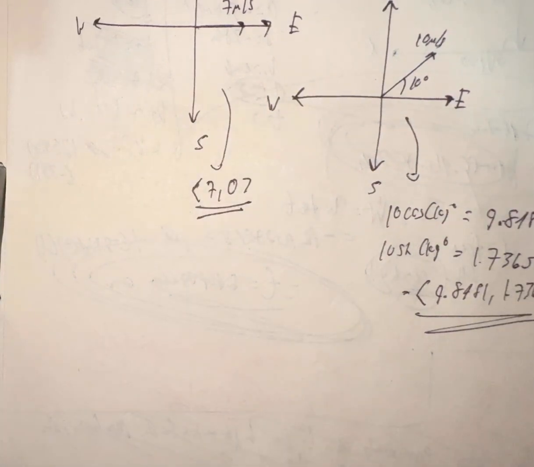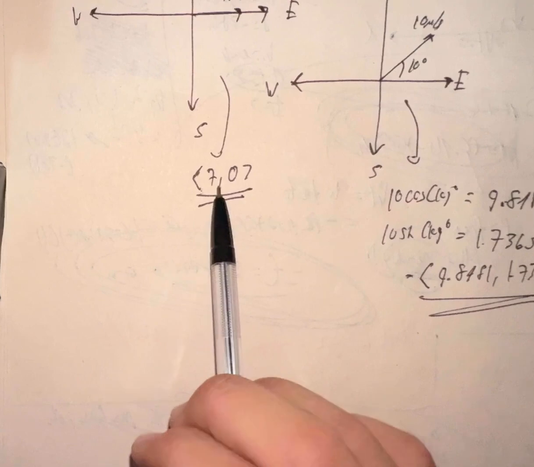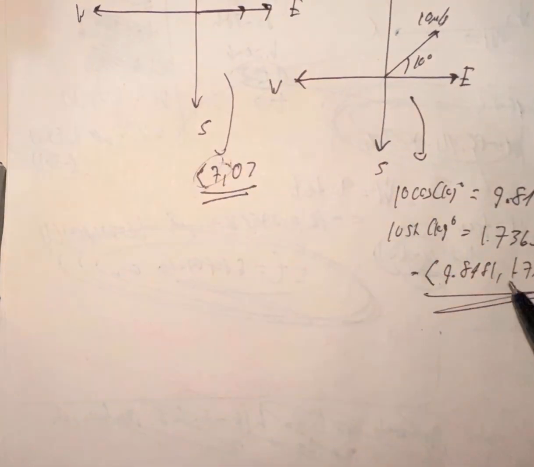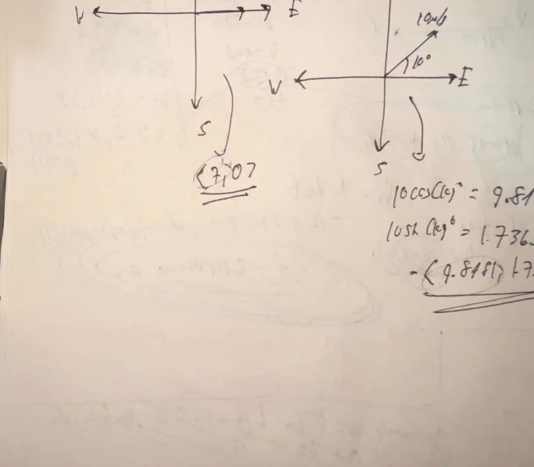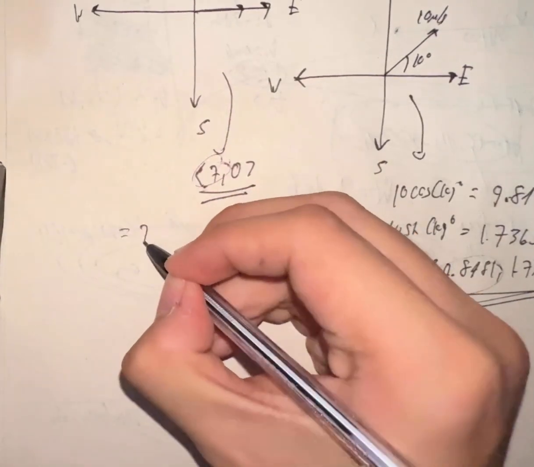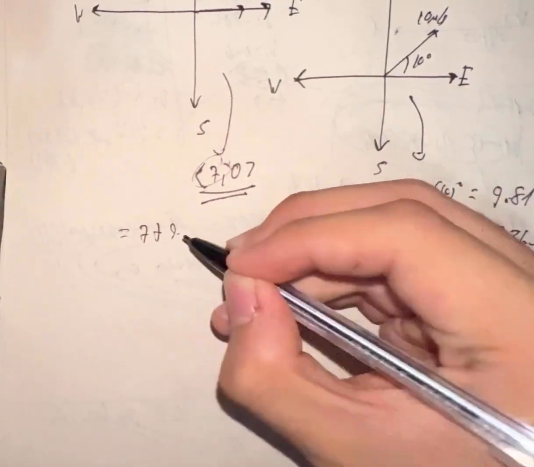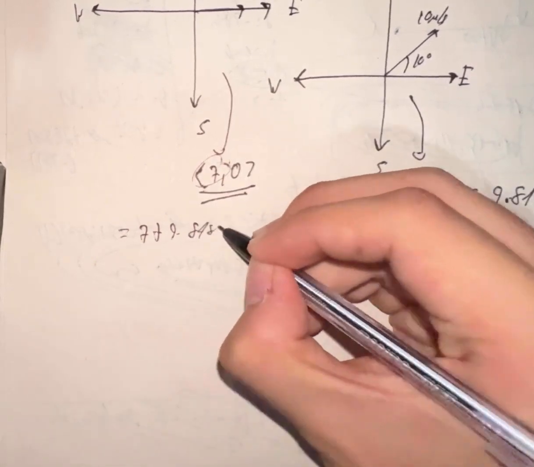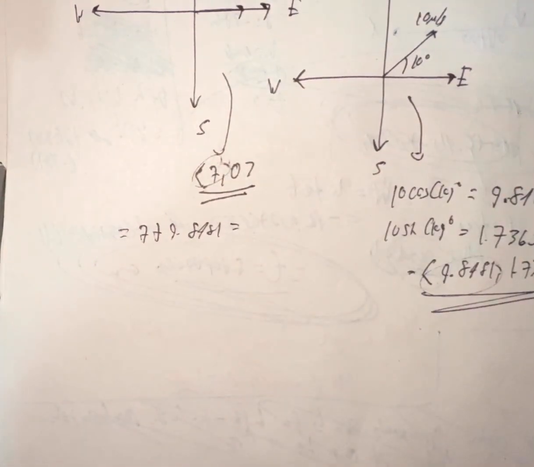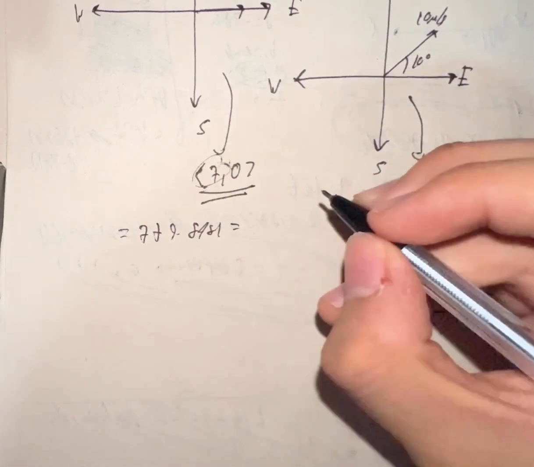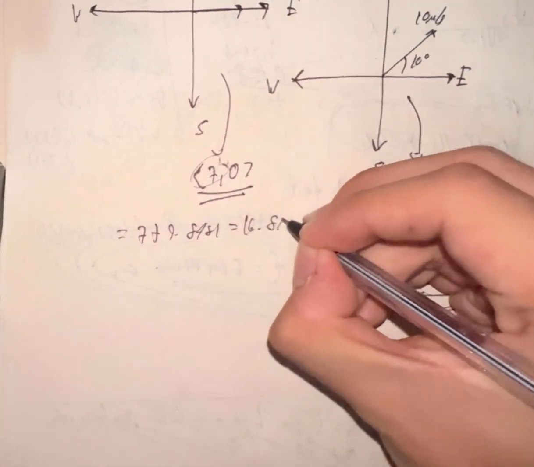So now these are x components here. X here, x here. We can add both of them up because they are both x components. Remember, so 7 plus 9.8481 is equal to 16.8481.